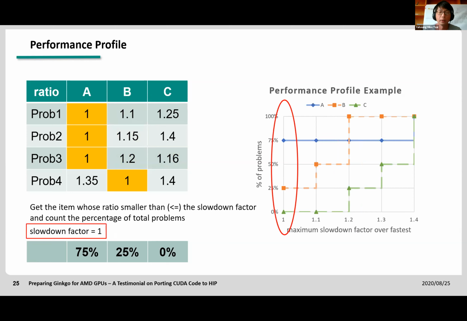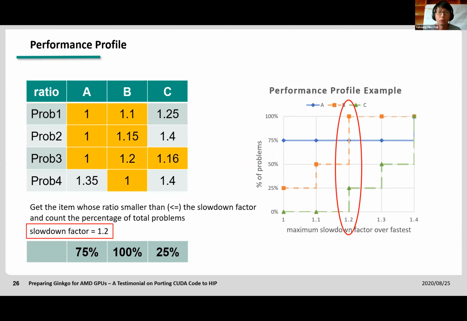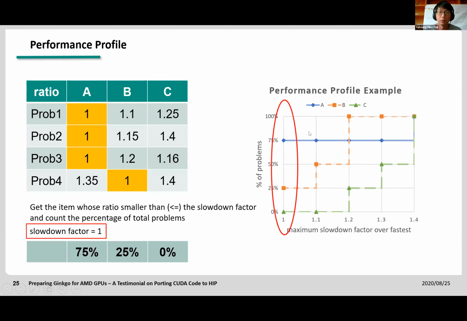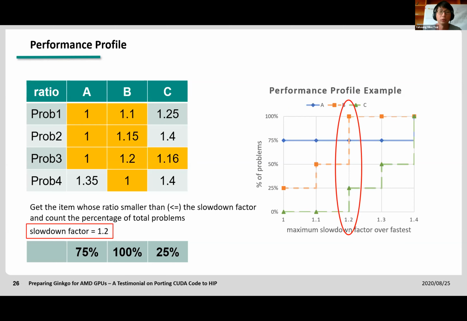But if we would like to get a more generalized implementation, we maybe need to choose B, because if we choose B, we only get up to 1.2 slowdown, but for A, you get 1.35 slowdown, and C is slower. So here we can see the best one or the generalized one.